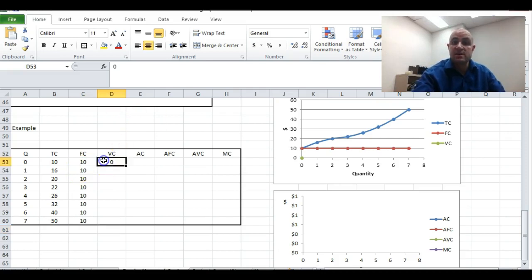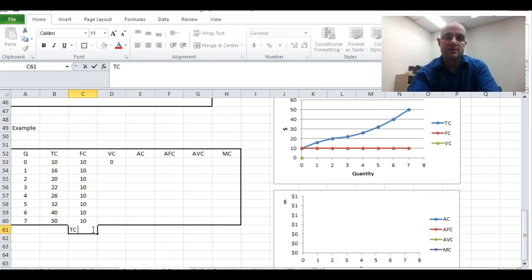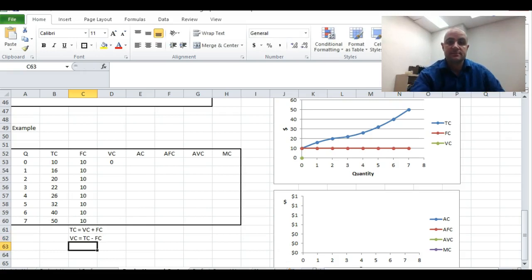Now again, going back to this, your total cost is going to equal your variable cost plus your fixed cost. And if you just switch it around, you find that your variable cost is going to be whatever your total cost is less your fixed cost.